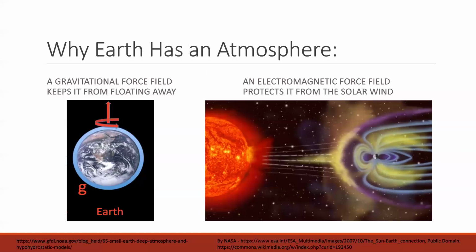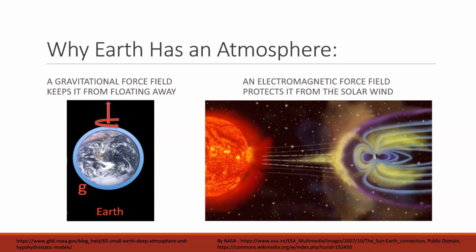So we've talked about why the Earth is a Goldilocks planet, that it's the right distance away from our sun. Now we need to think about why it has an atmosphere, right? So why does this layer of gases stick onto the surface of the Earth instead of floating away or getting stripped away by forces that are coming towards the planet from space and from the sun itself?